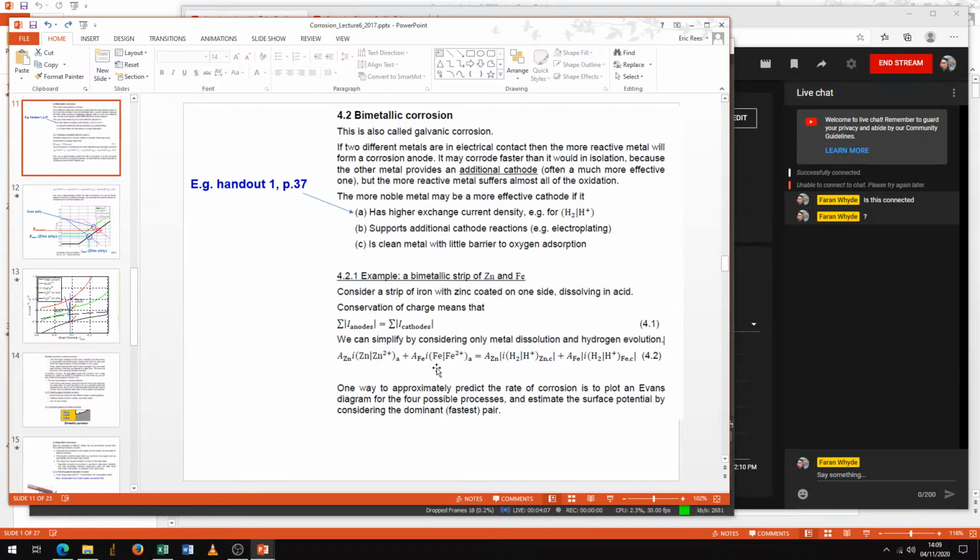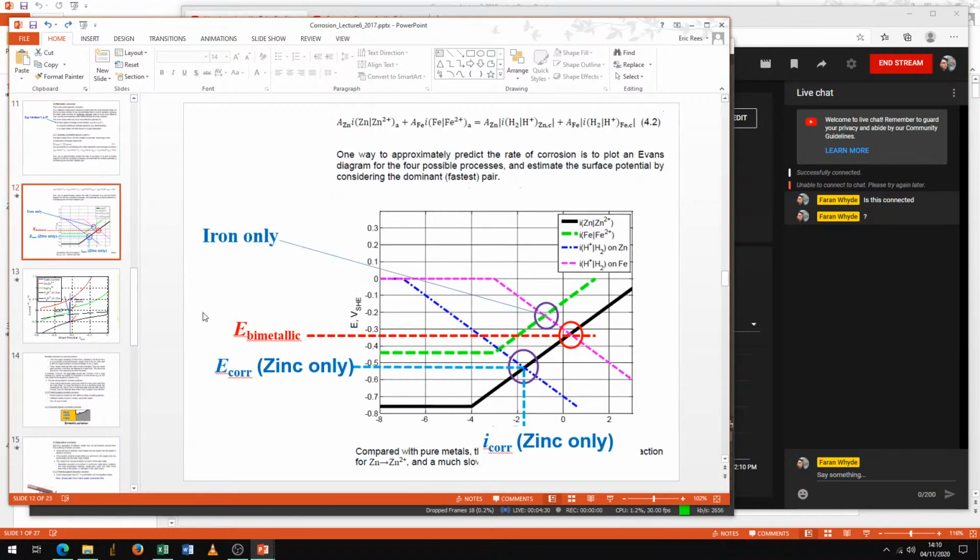So there's two different metals dissolving, and there's two cathode reactions, which are hydrogen evolution, and a possible cathode reaction which is iron plating out. The way that you consider that is you could try to simplify the problem algebraically and say that only one anode and one cathode dominate what happens.